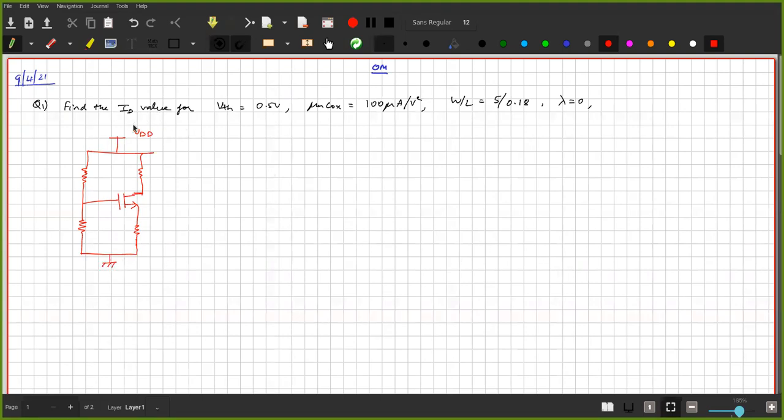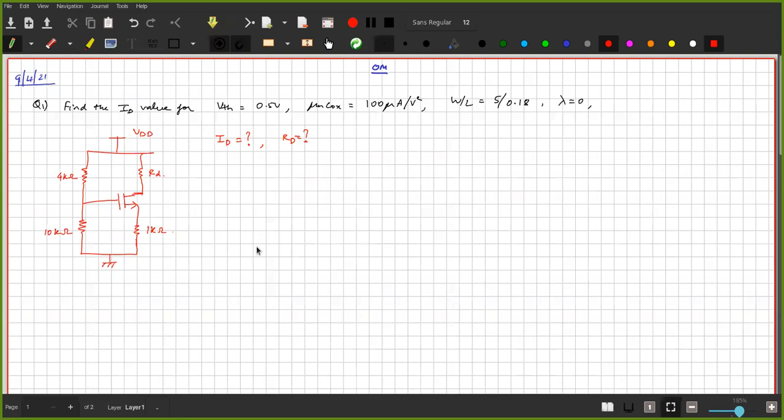This is 4 kilo ohms, 10 kilo ohms. This is RD, it is not given. This is 1 kilo. So two things you have to find here. You have to find ID, and you have to find RD.